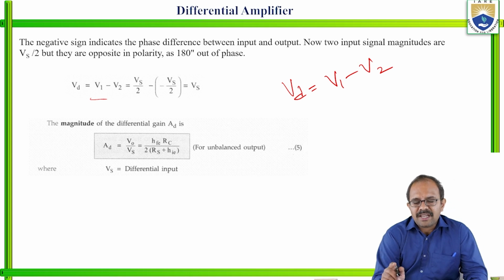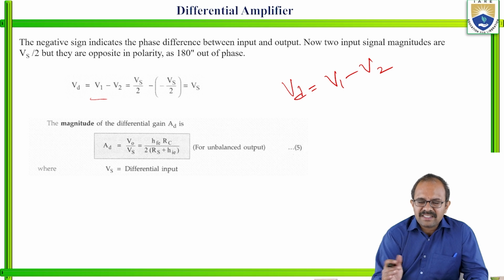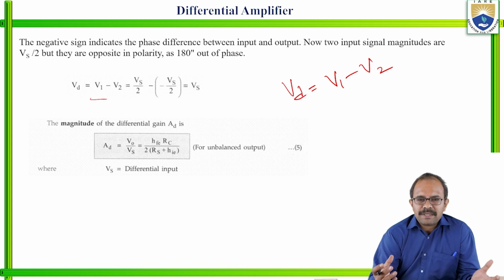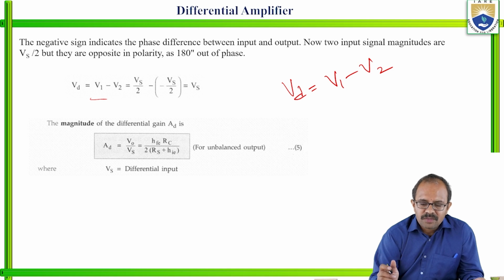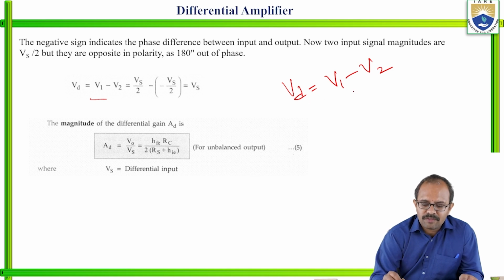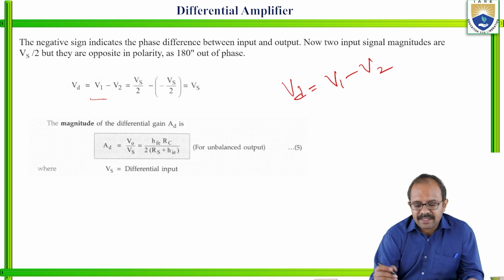In a differential amplifier, the name itself indicates it is a difference. So what is the expected outcome of this circuit? The output is going to be the difference between the two amplifier circuits. So Vd is equal to V1 minus V2, where V1 is the input of the first transistor and V2 is the input of the second transistor.